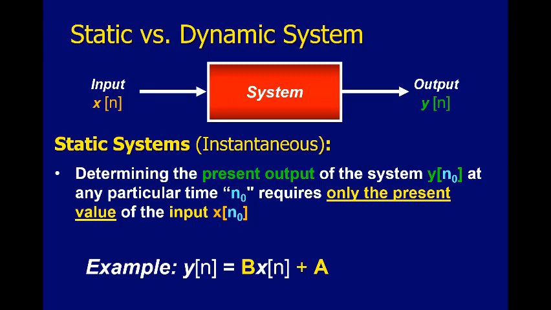Here's an example of a static difference equation. It looks like a linear system, but it's not actually. But to compute y at any moment n, all I need to know is x at that same moment. There's no x of n minus anything, no x of n plus anything, no time index changes.